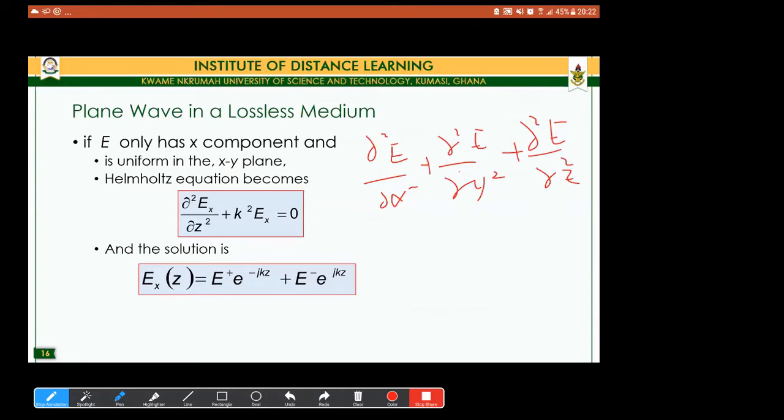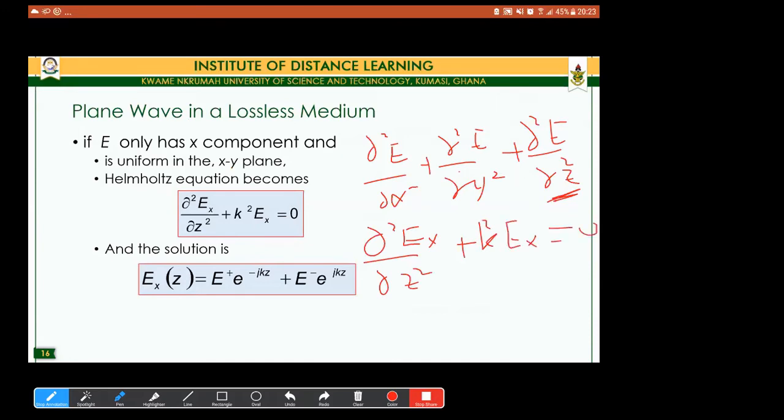We are considering only the x component, which is traveling in the z direction. So that will be del squared Ex over del z squared plus k squared Ex equals 0 for simplicity.